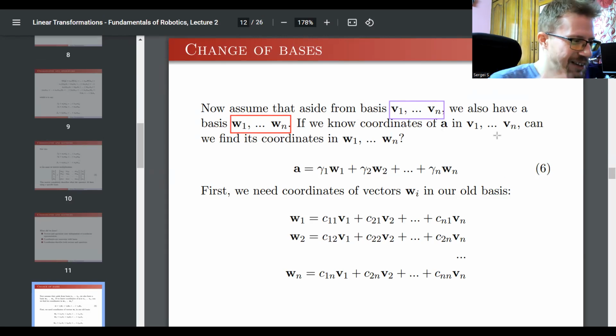That sounds maybe a little bit closer to what we actually are expected to do in robotics, right? We know A in the first basis. We want to find A in another basis.